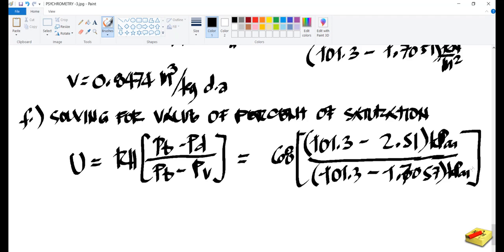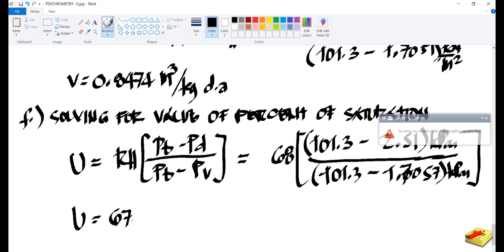Okay, so we have now your value. So we have the saturation, which is 67.45, value of percent of saturation, 67.45%.